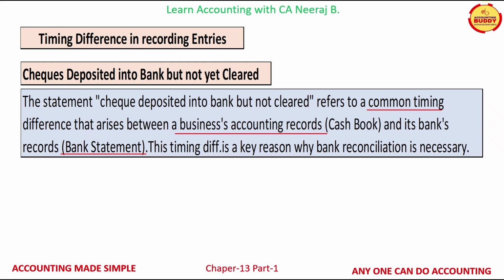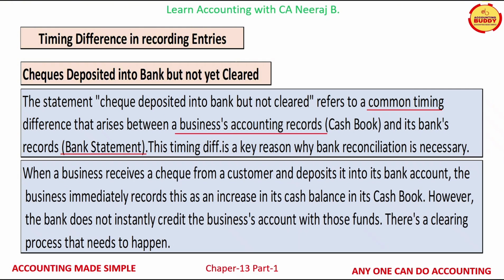This timing difference is a key reason why bank reconciliation is necessary. When a business receives a check from a customer and deposits it into the bank account, the business immediately records this as an increase in its cash balance in its cash book.